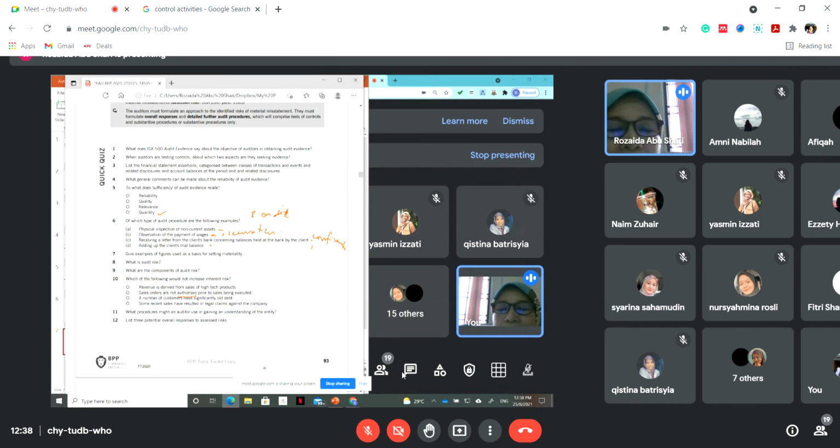You mentioned earlier, under control activities, you must have proper authorization and supervision, authorization and approval. So this falls under control activities, control risk. So this is not inherent risk.